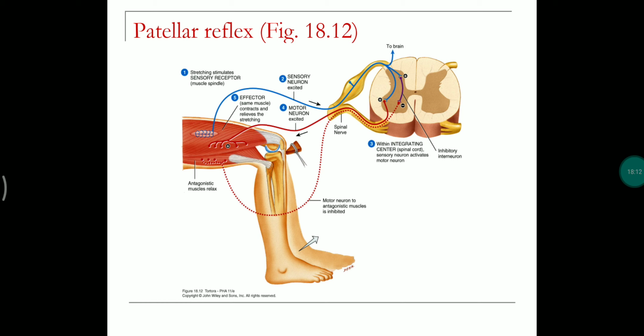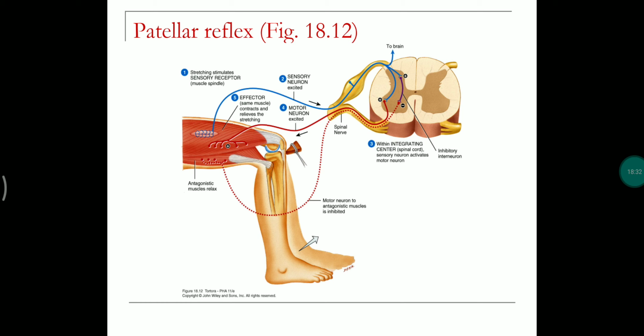It sends the impulses to the spinal cord. So through sensory receptors, the sensory impulses pass through the spinal ganglion and to the gray matter of the spinal cord.